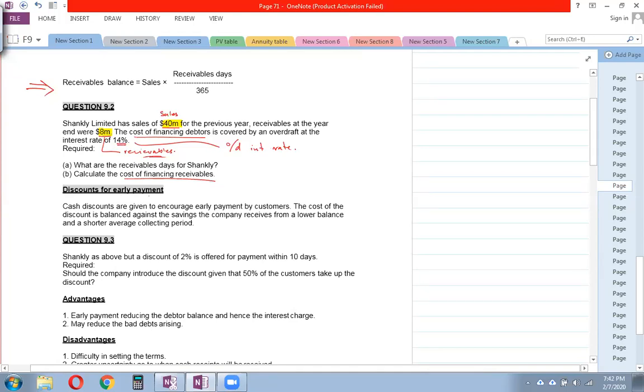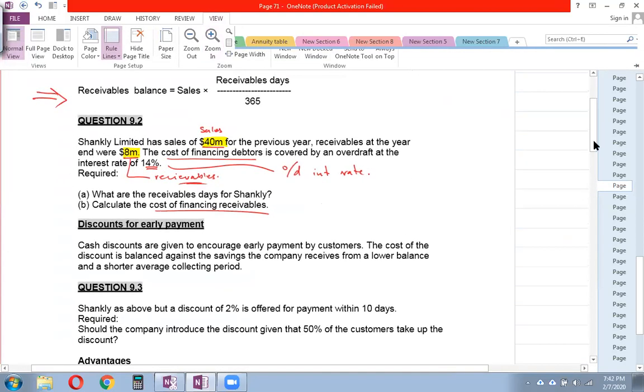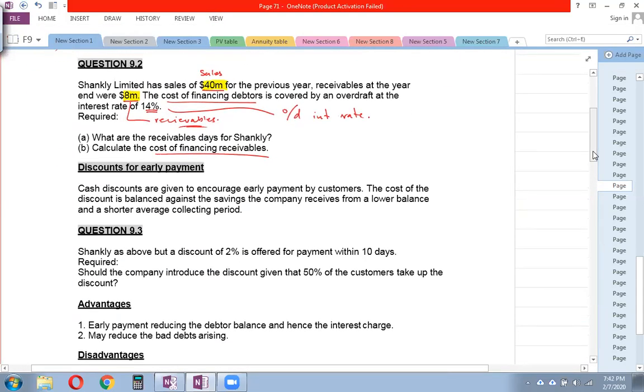Now, there are other words for early payment discount also. Can you tell me what the other words are? Anyone? Yes, you're right. It can be called the prompt payment discount, settlement discount, or cash discount, right?